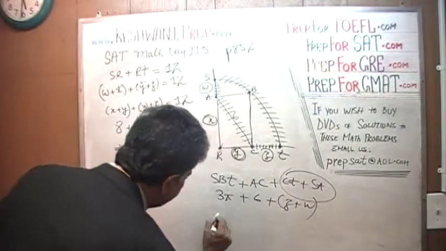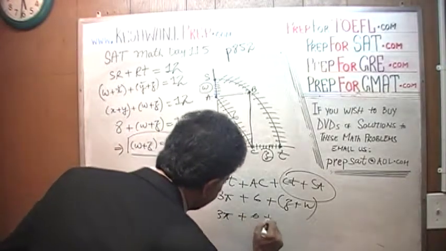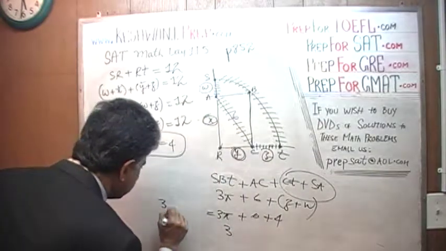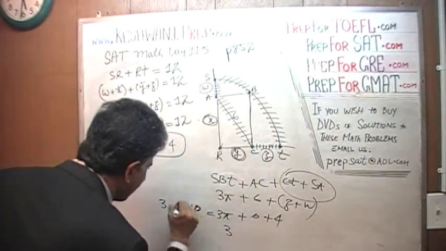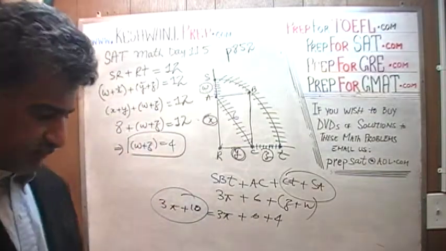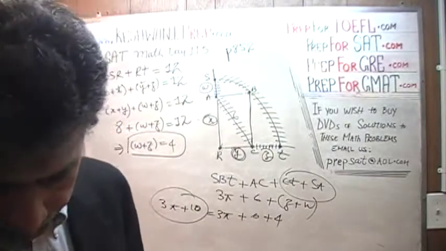So it's simply 3 pi plus 6 plus 4, or 3 pi plus 10. There you go. That's it. That's your answer. 3 pi plus 10. The answer is B.